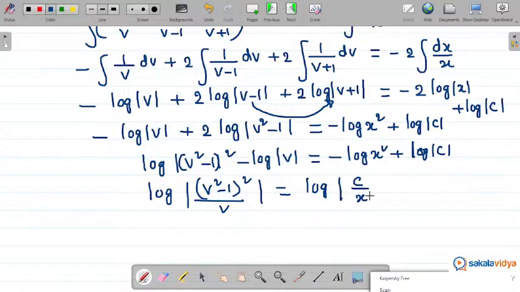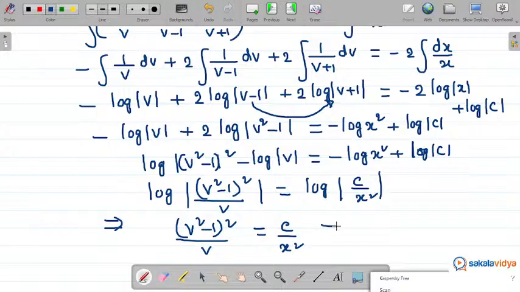By comparing we get v square minus 1 whole square by v equal to c upon x square. By cross multiplication, x square into v square minus 1 whole square is equal to cv.